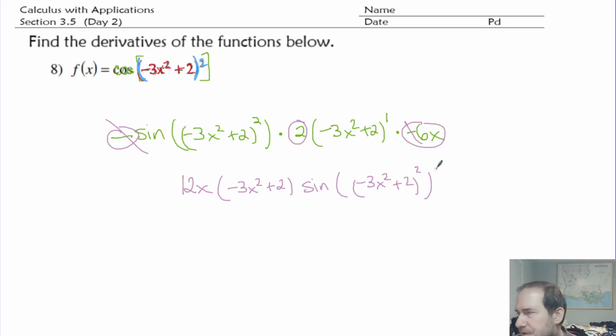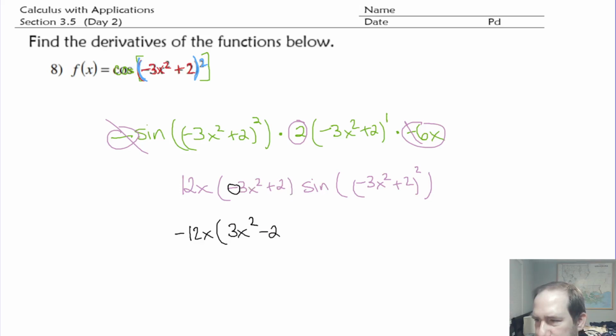The one thing we could do, which I'm a fan of, is getting rid of these leading negatives. Sometimes you can't exactly avoid it, but I'd rather see this negative get factored out and attach itself to the 12x. And then this would be rewritten as 3x squared minus 2.